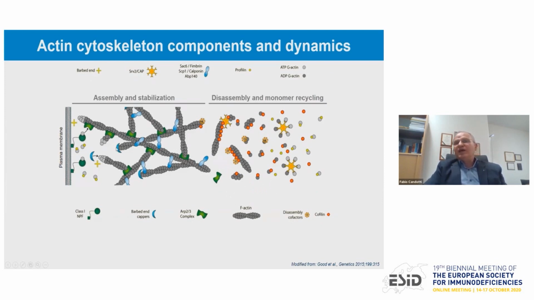So as you can see, a normally functioning cytoskeleton needs to undergo a series of coordinated phases, all of which are dependent on a series of proteins and factors, which of course can be targets of genetic mutations that affect their functions and that can result in disease.